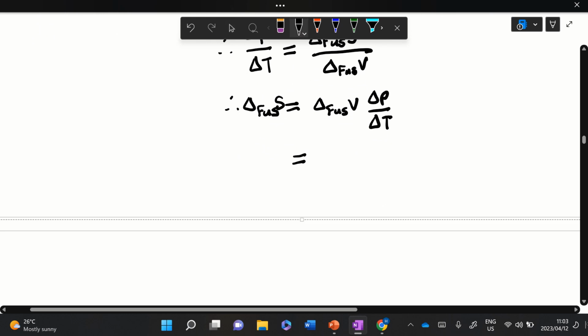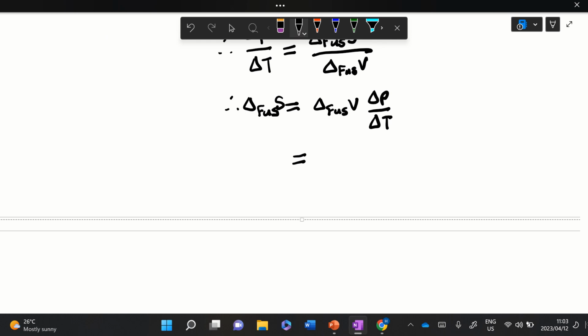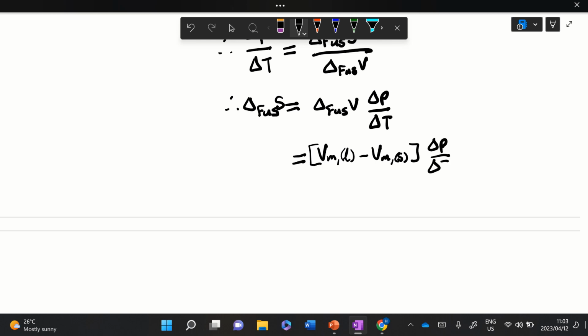So it will be the molar volume of the liquid minus the molar volume of the solid, times delta P over delta T.